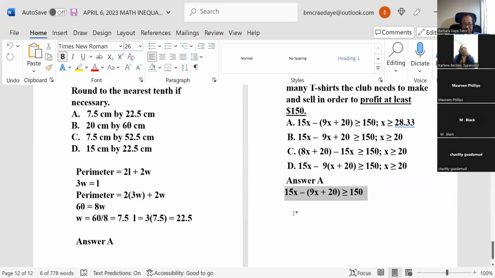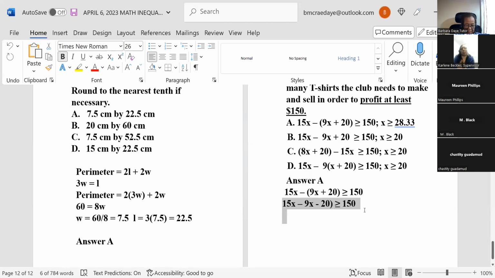This becomes minus 9X, and that minus in front of the parentheses times a plus is a minus. Now you want to get your constants together, so you add the 20 to the 150, so that becomes 170.